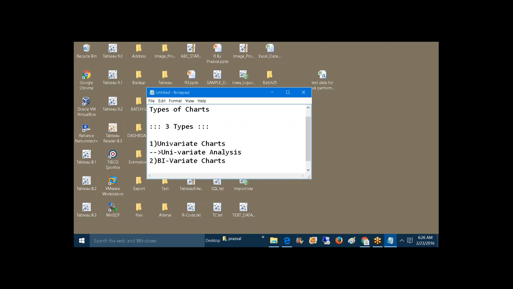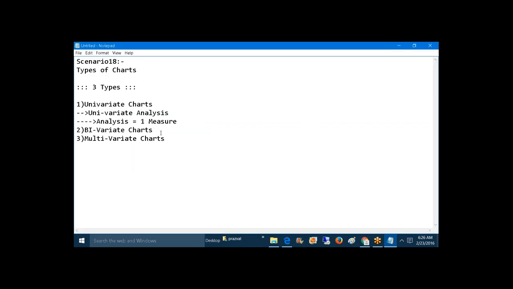The chart is supporting the analysis with a single measure, then it is called the univariety analysis. So what is a univariety analysis? It means the analysis contains one measure. If you are performing the analysis with one measure, then such a kind of analysis is called the univariety analysis.